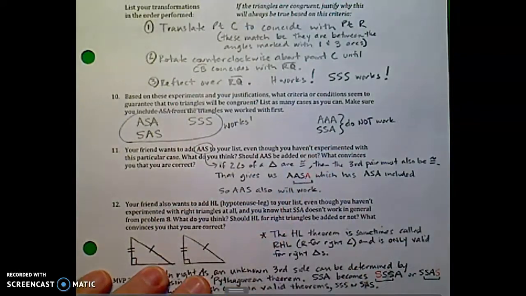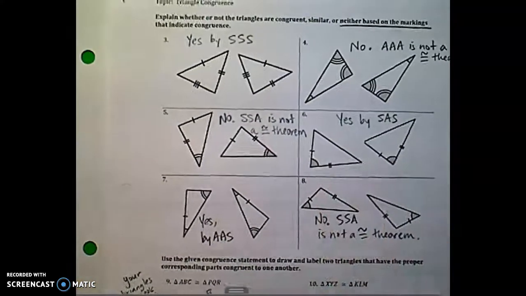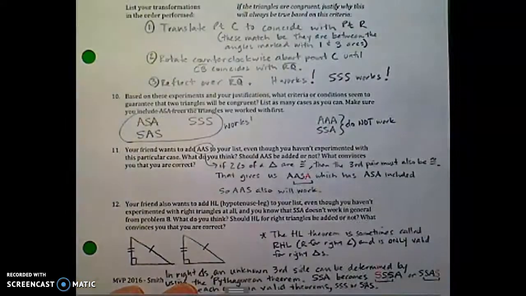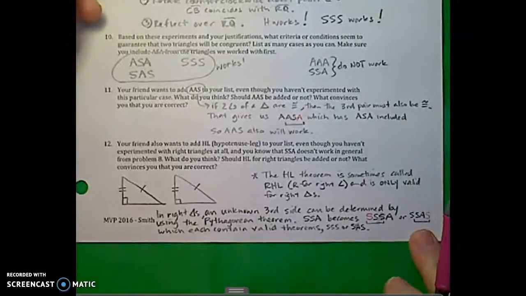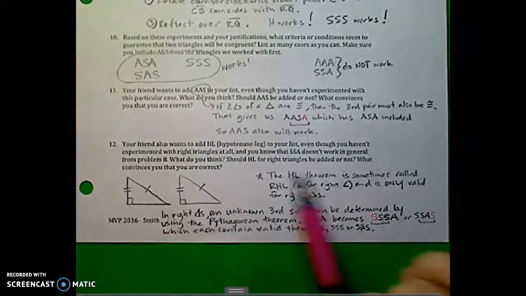Okay? Even if the triangles look congruent or appear congruent on the page, it doesn't mean that they necessarily are. You have to use one of these rules to prove it. Alright, there's a couple more that we didn't cover in our exploration, so we're just going to talk through those in problems 11 and 12.